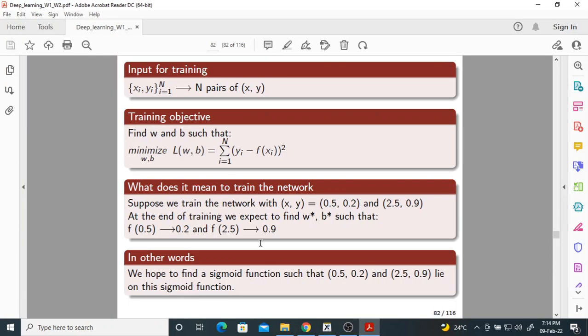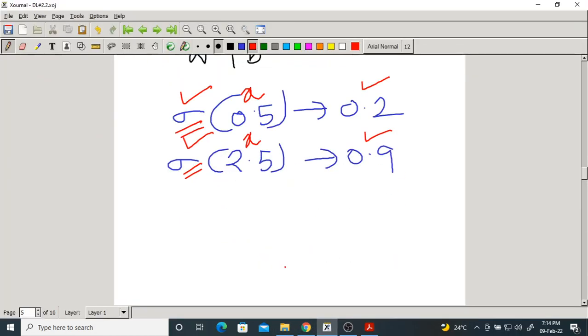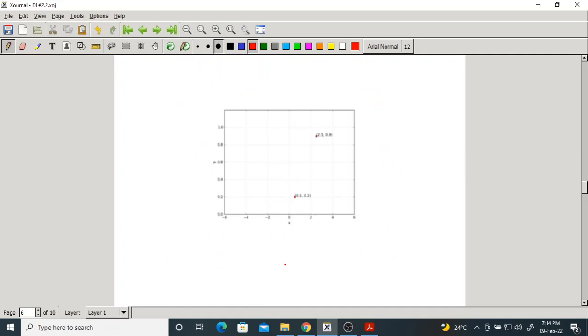In other words, we hope to find a sigmoid function such that these 2 points lie on the sigmoid function. If you draw the sigmoid function, these 2 points should lie on it.